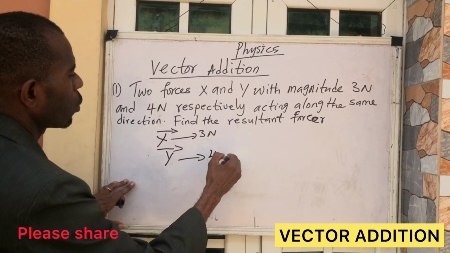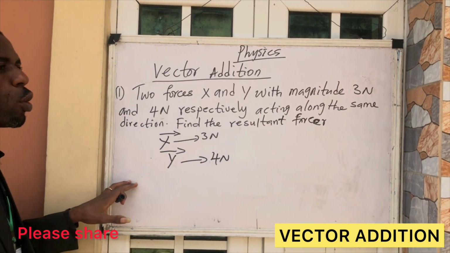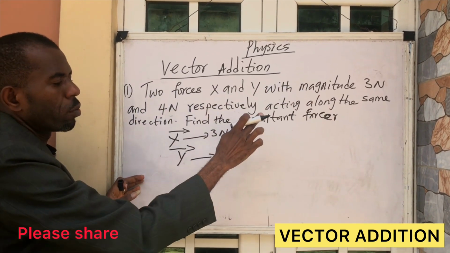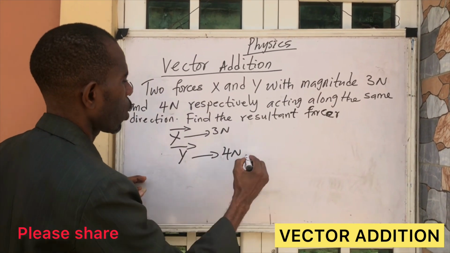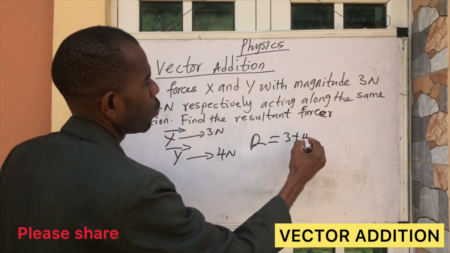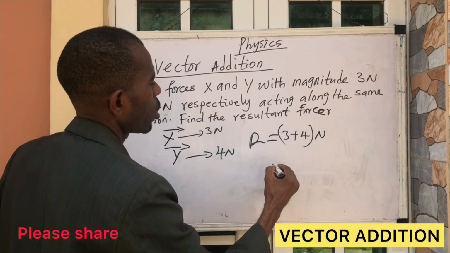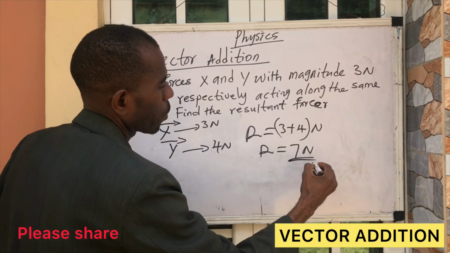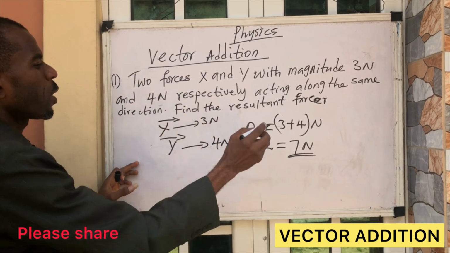According to vector addition, when they are acting along the same direction, we add. So your resultant R will be equal to 3 plus 4 Newton, which means we are going to have a resultant equal to 7 Newton. So this is for the first case.